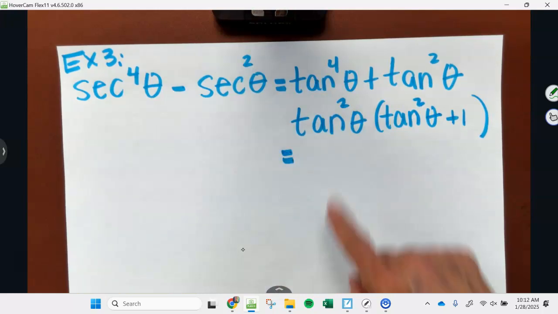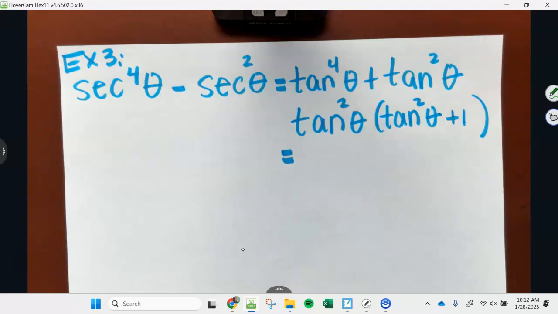Okay, so they're squared now. That's good. What does tangent squared equal? Secant squared minus 1. Because this has to move over there for tangent to be by itself. Y'all, tangent squared equals secant squared minus 1.